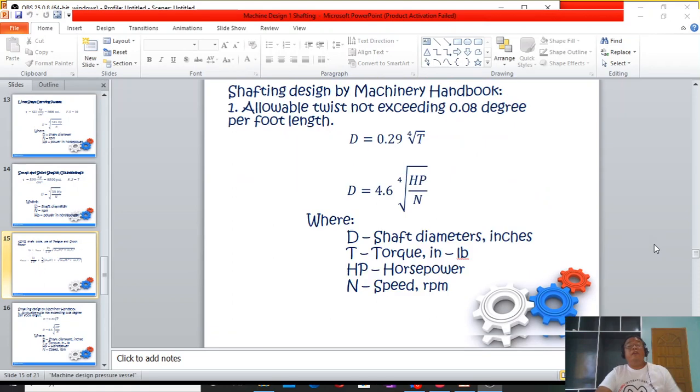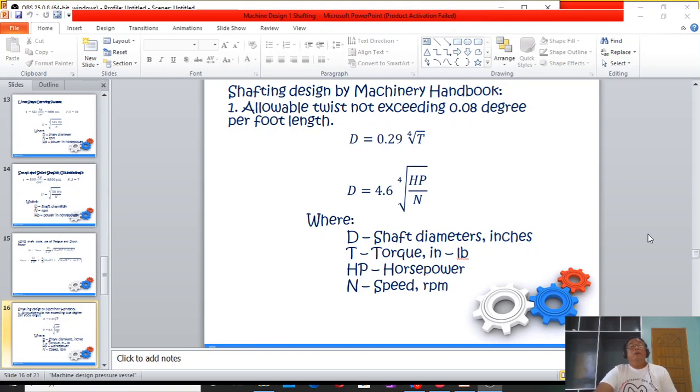Next is shafting design by the machinery handbook. So there are several conditions here that we are going to consider.